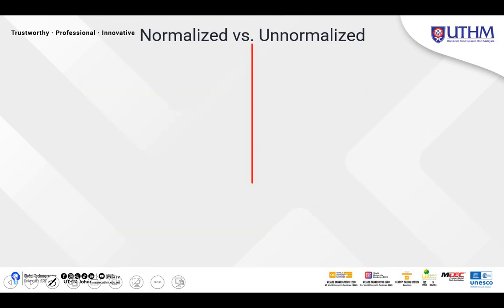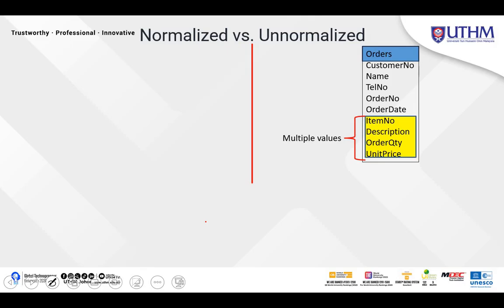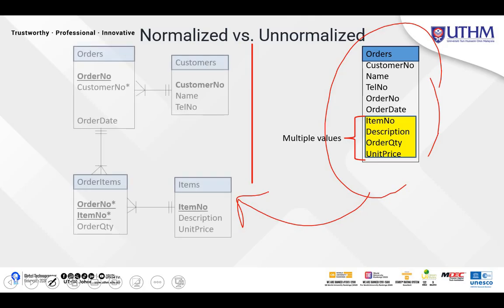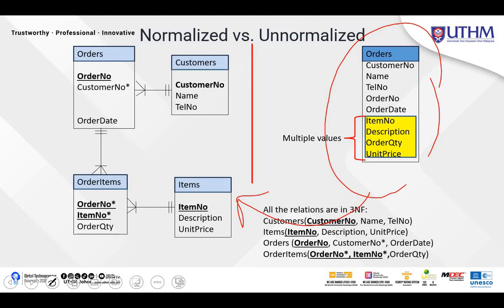Done. So the difference: generally, unnormalized data will be one single table, but in normalized data, this particular table is converted into multiple tables, for example, 4 tables. This is what we call the normalized and unnormalized version.